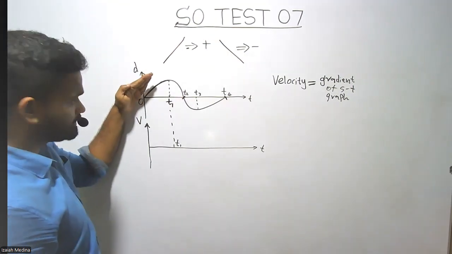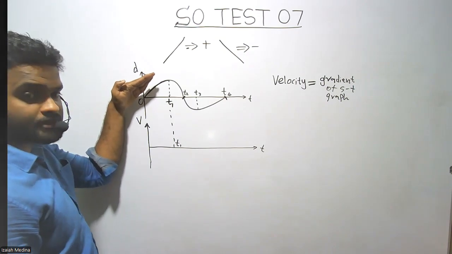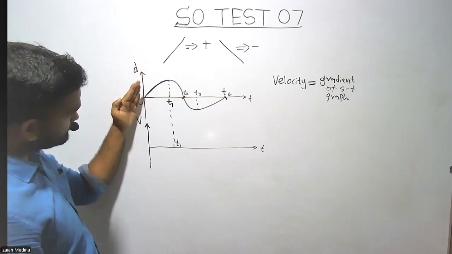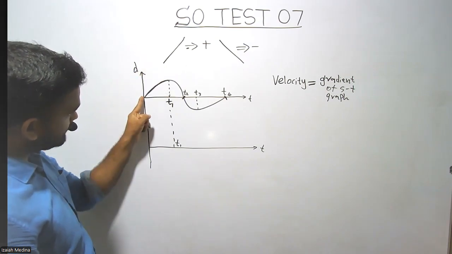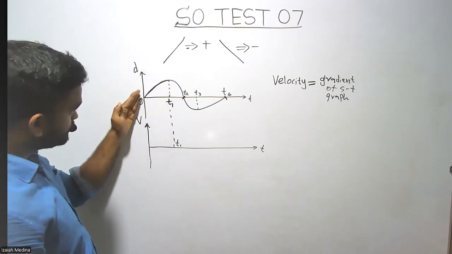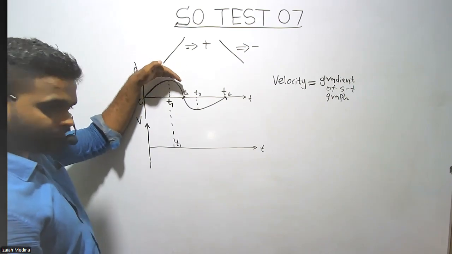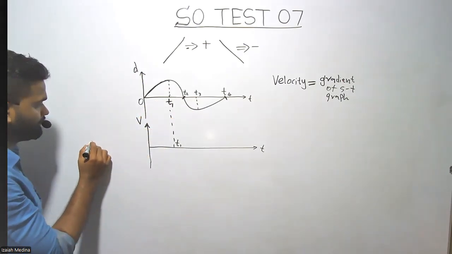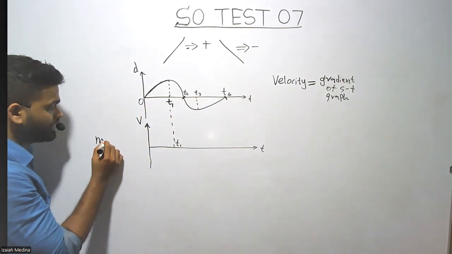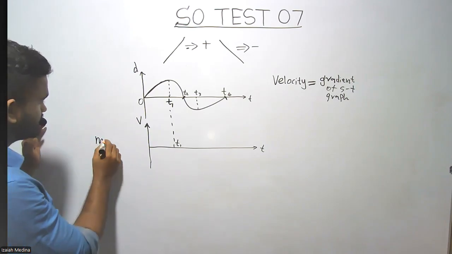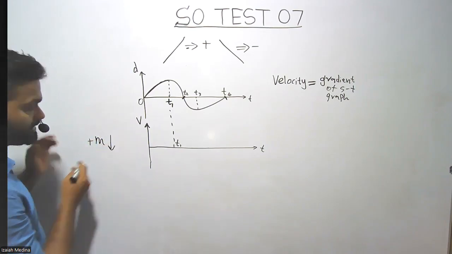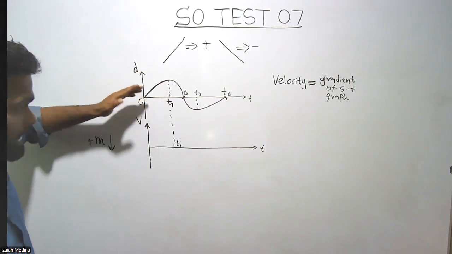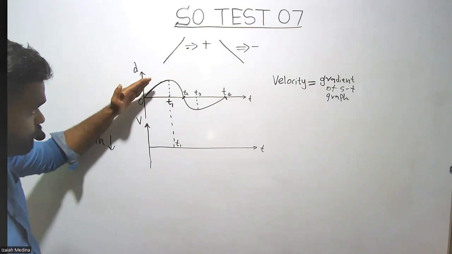So here what is the gradient? To this side, so it is positive. The positive gradient is decreasing. Can you see that? The slope is decreasing as you go from 0 to t1. Meaning the gradient, I'll say m, is positive, and the positive gradient is decreasing. These are positive gradients all the way from 0 to t1, and that positive gradient is decreasing. The slope is decreasing.